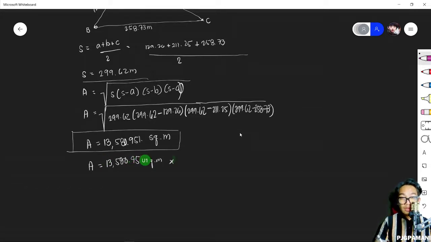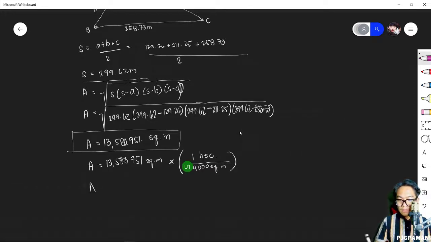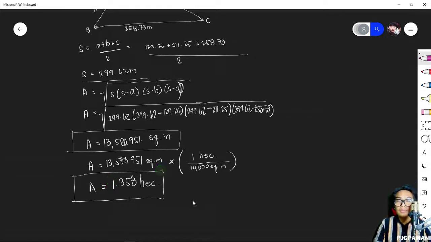How many square meters are in 1 hectare? That is basically 10,000 square meters. So you'll have a total area of the triangle in hectares equal to 1.358 hectares. That is a large area.